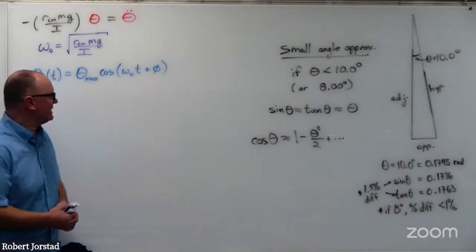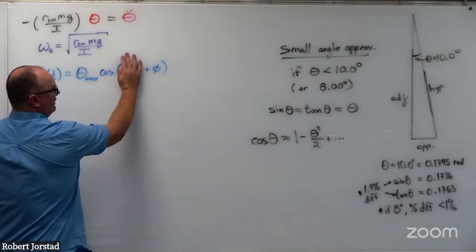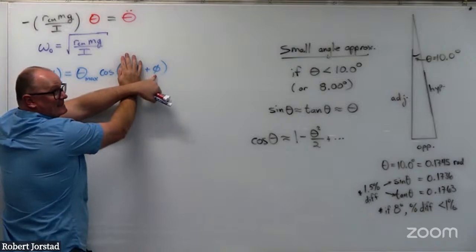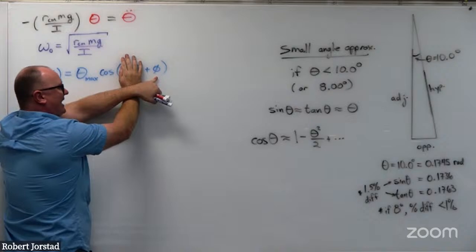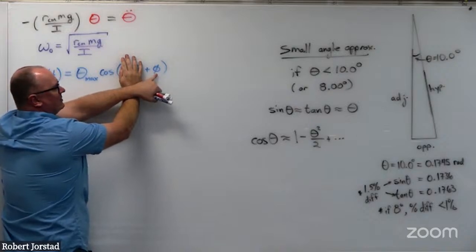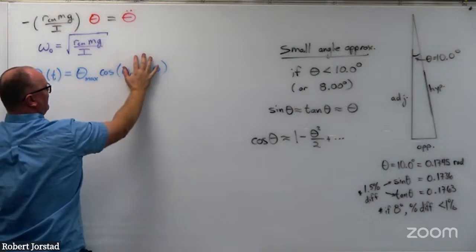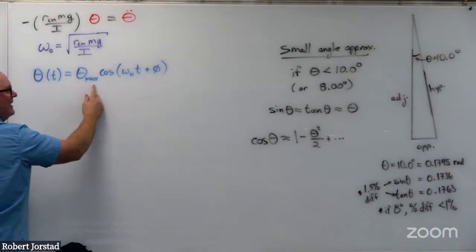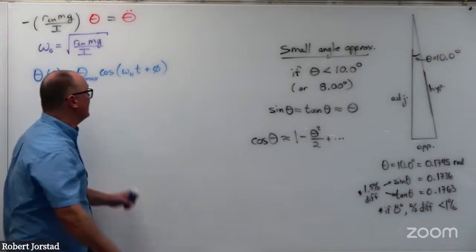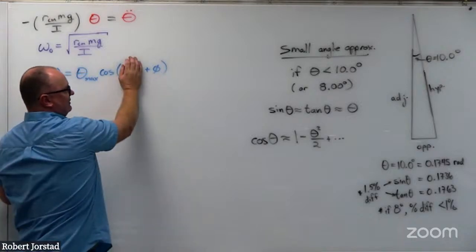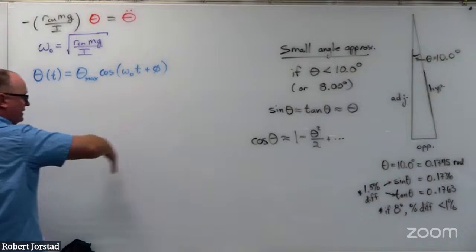Remember what this means. If time goes to 0, phi, the phase angle, simply tells you where you start in the oscillation. If phi equals 0, cosine of 0, you start at theta max. If phi equals 180 degrees or pi radians, cosine of phi equals negative 1, and you would start at the left side.